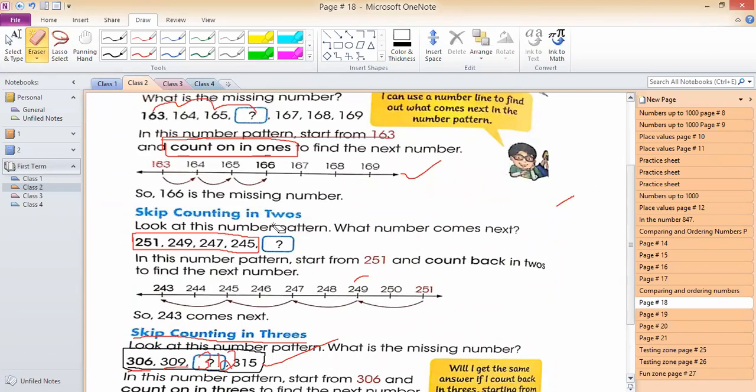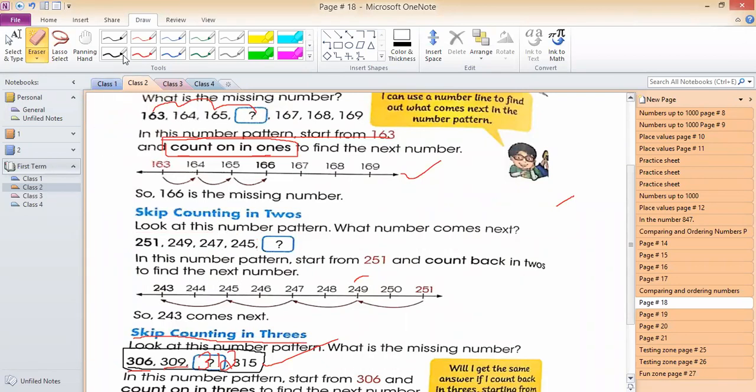Coming to the example of the book, guys, we have to revise the pattern also. We learned yesterday that we can count in ones or twos, or we can count back in ones, twos, fives, tens, whatever. So whether you are counting or counting back, how will you check?